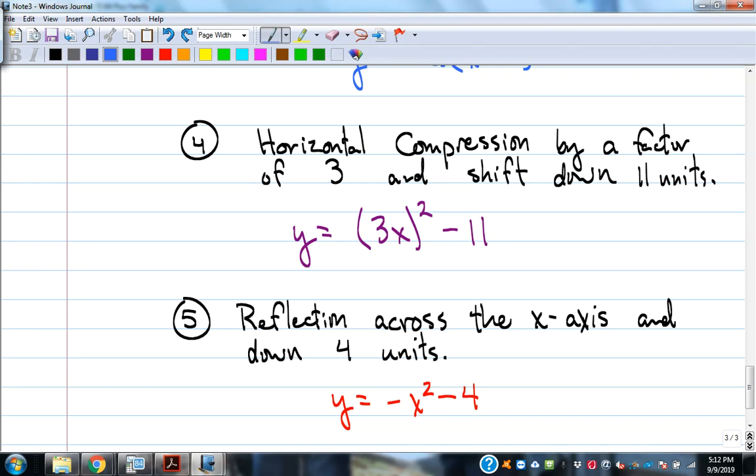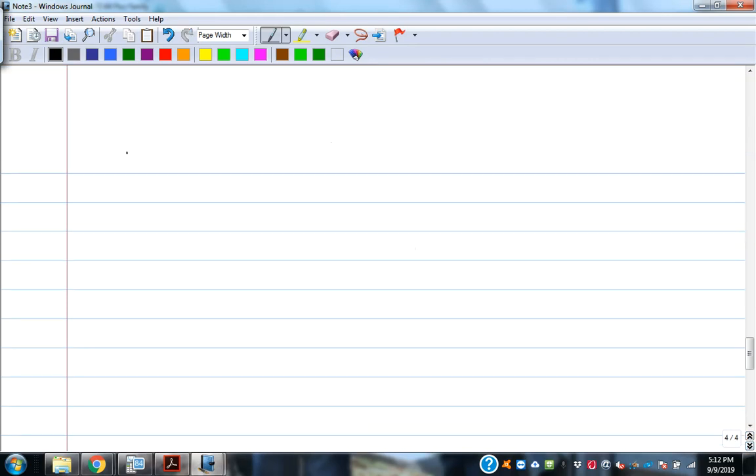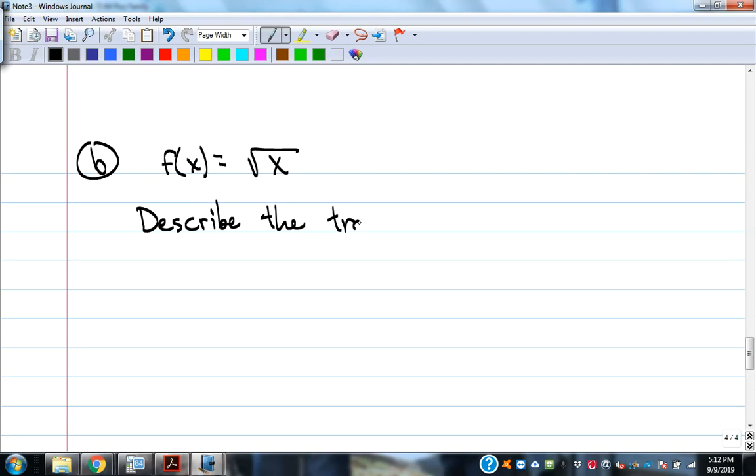All right, let's go the other direction. I'm going to give you the original function, the parent function. So parent function is f of x equals the square root of x, just a different function, so it's easy to determine the inside and outside of that. And let's describe the transformation.